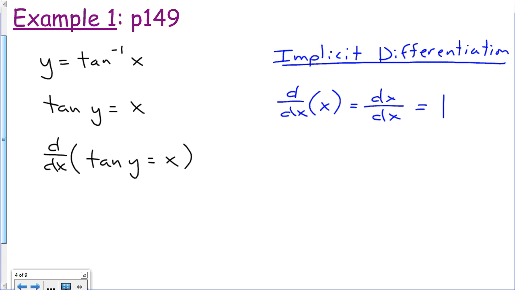And the other thing we need to remember is that if I take the derivative of y with respect to x, if I move the y into the numerator, I get dy/dx, which is referred to as y prime. Okay, so as we go to take the derivative, just remember that these are the things that show up.